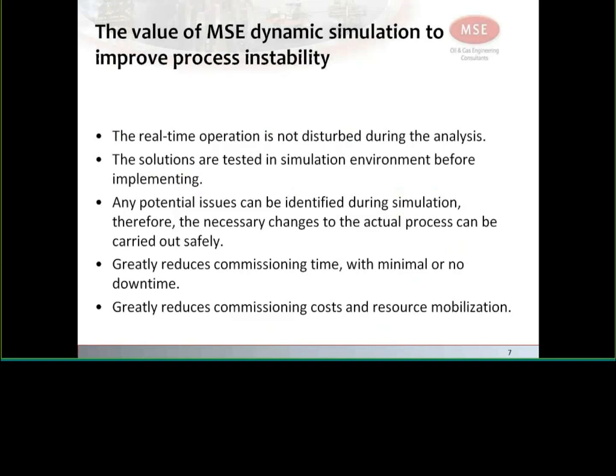The need for a very cumbersome testing procedure is also reduced considerably, so you don't have to allocate a lot of resources into building these testing procedures before going to the facility to test it.